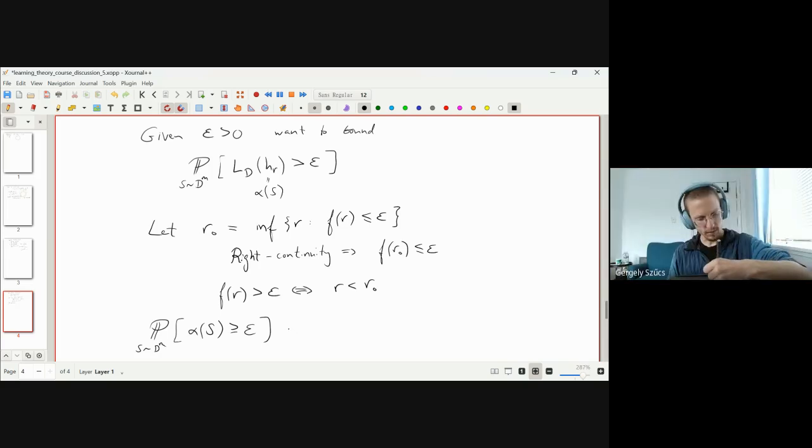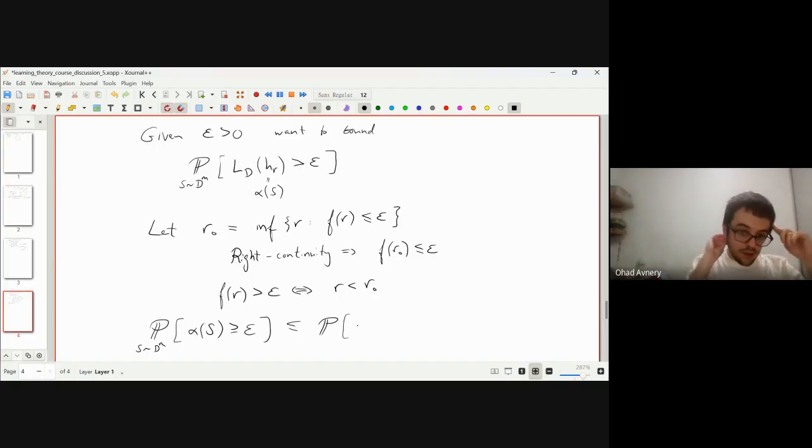So you're saying this is bounded by the probability that the radius of alpha S is strictly less than R0. And now this event means that for all positive points, that is points in the set where y_i equals 1, x_i is smaller than R0 in magnitude.